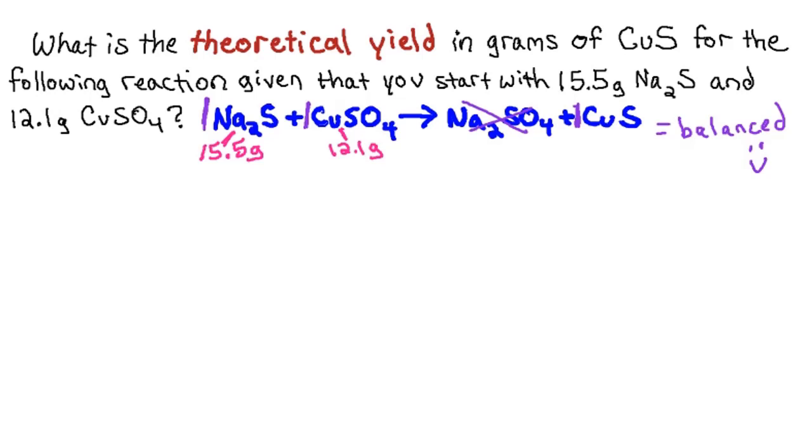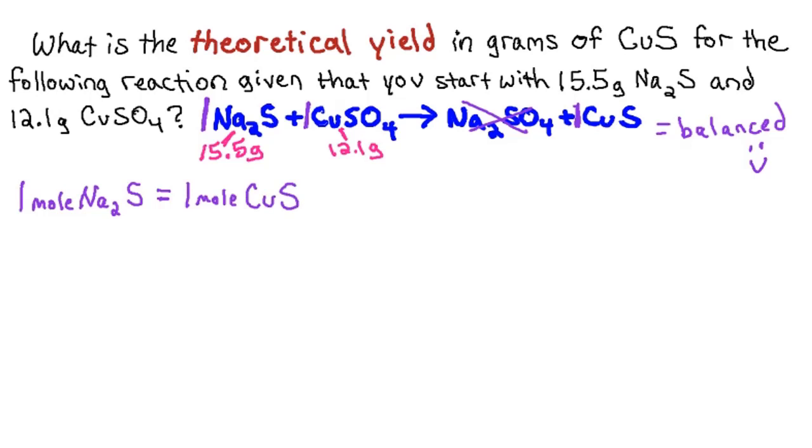So we're going to make our data table. We're going to start with the Na2S. So 1 mole of Na2S is going to yield 1 mole of CuS.